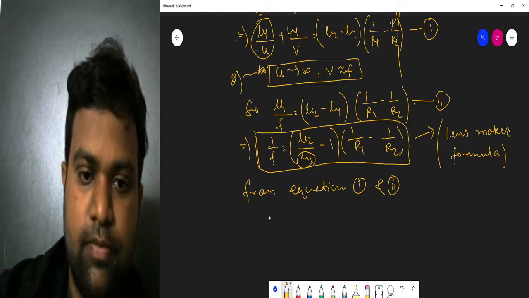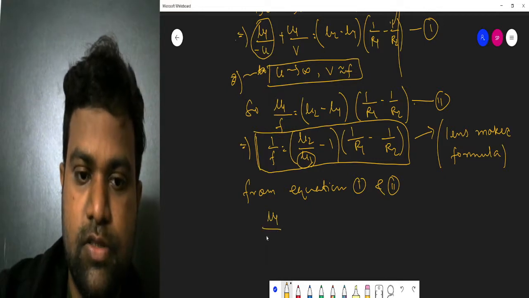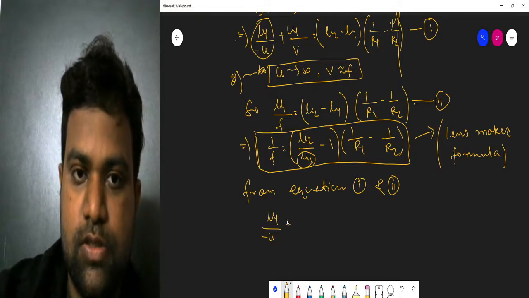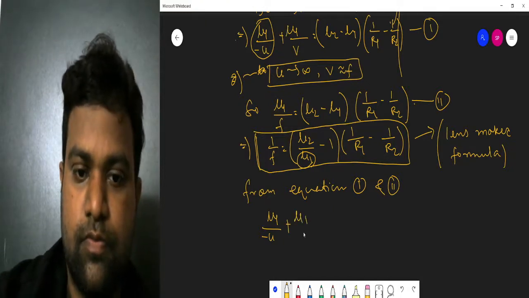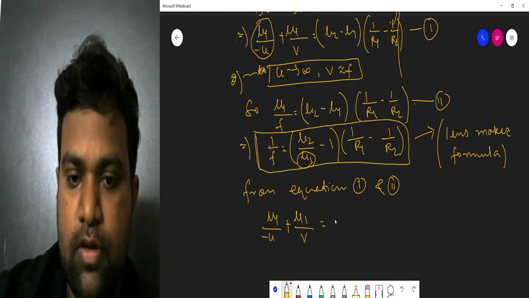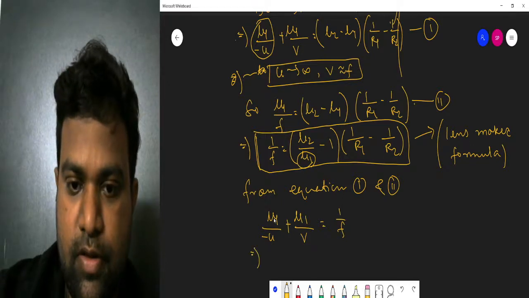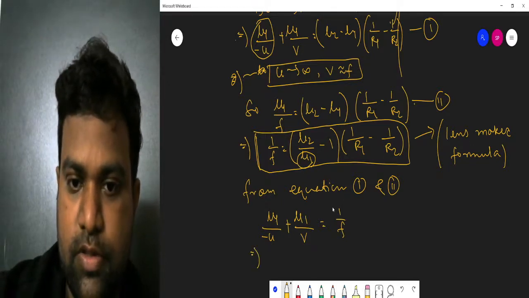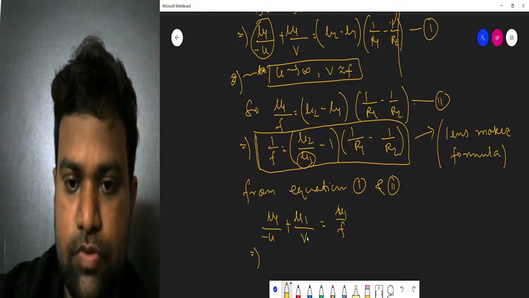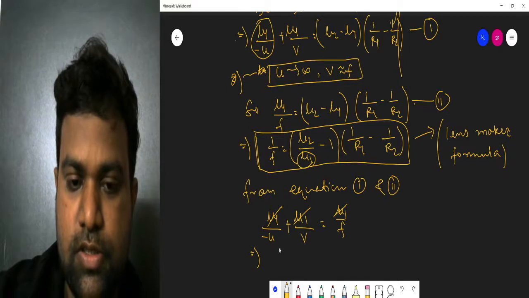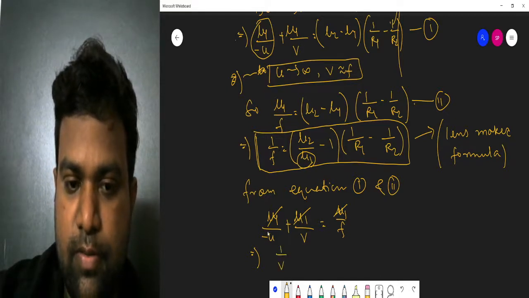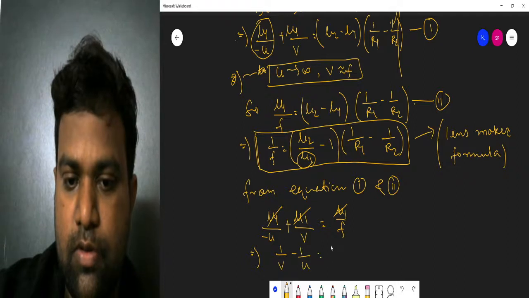That means you can write mu1 by minus u plus mu1 by v equal to mu1 by f, equation 2. Now in the numerator mu1 will cancel out, so you can write, this is 1 by v, then minus 1 by u equal to 1 by f.